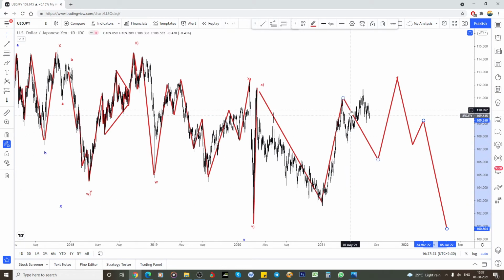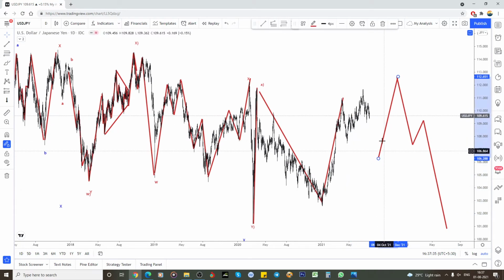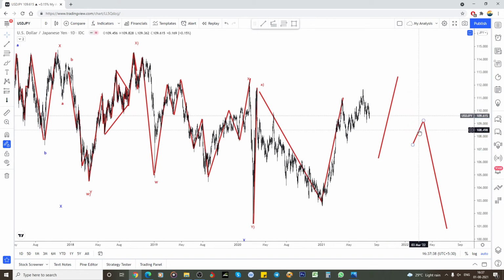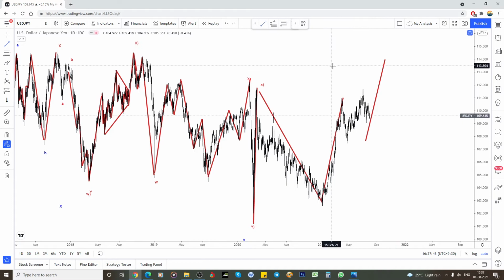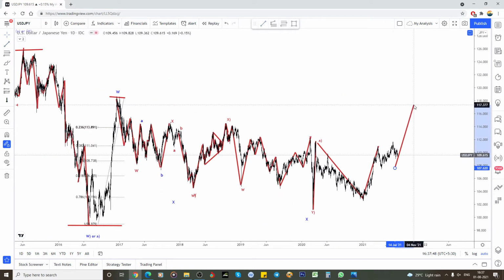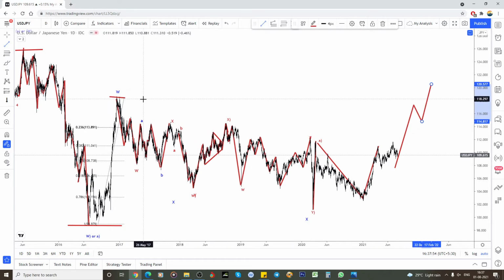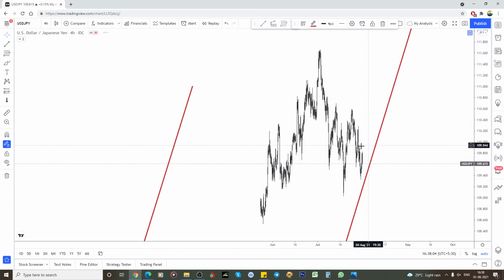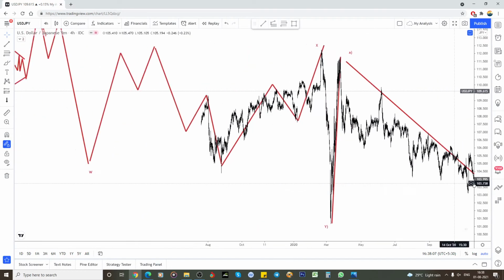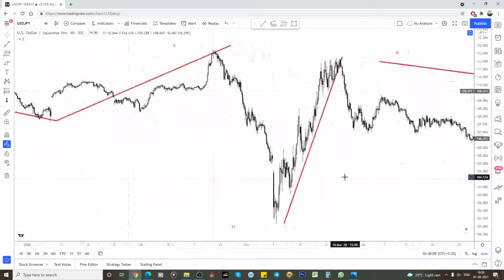But if it is not like that, it keeps going like a five-wave structure. Say one second. From here, for example, it keeps going in a five-wave structure to break this. That is the completion of A, B, 1, 2, 3, 4, 5. So I'm expecting this wave formation now. But one thing, in the 4-hour chart, see this aggressive movement.